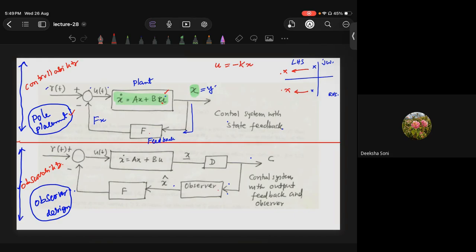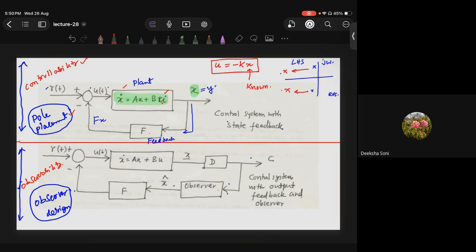To implement this, what this equation needs is that this x must be known. First we check whether this plant is controllable or not.